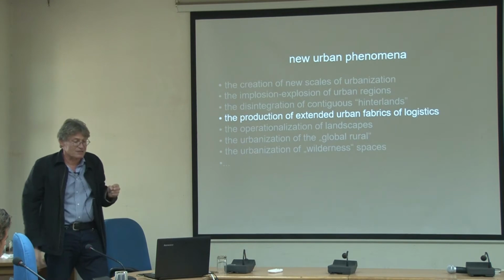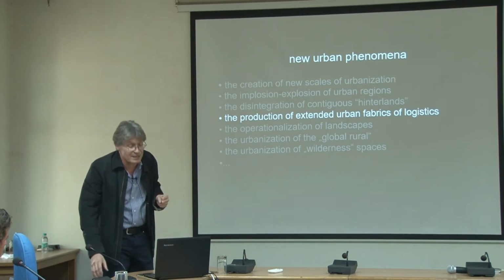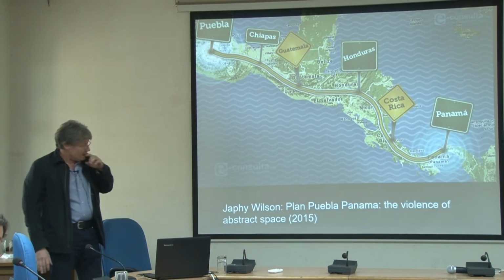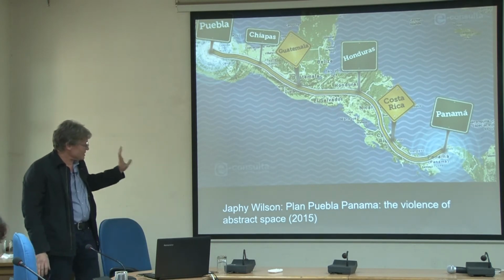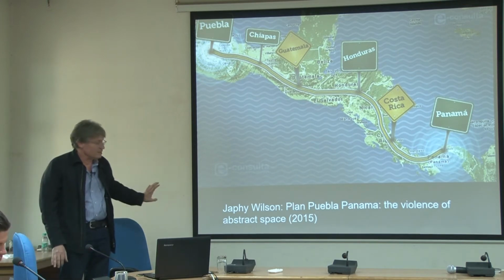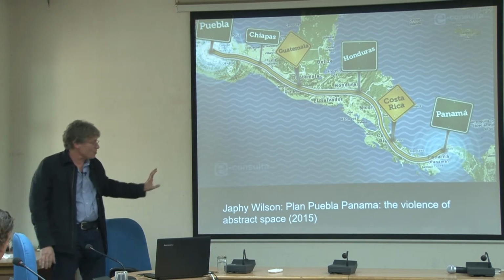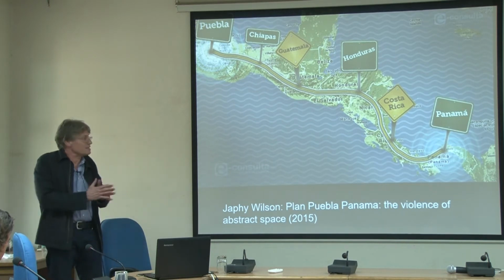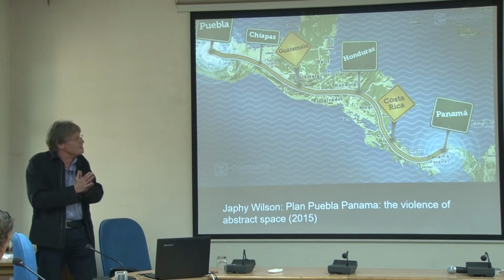The production of extended urban fabrics of logistics. Here, as an example, a very interesting paper by Jeffrey Wilson, The Plant Traveler Panama. And he, in reference to Henri Lefebvre, discusses the violence of abstract space as a form of violent space.